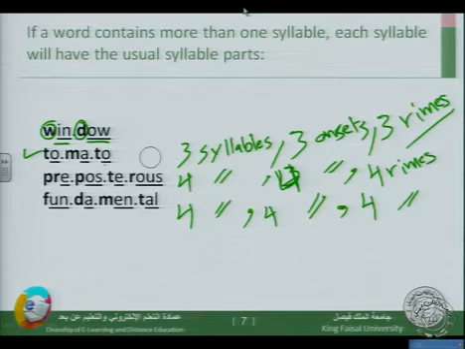So let us start step by step. It's a very important class, by the way. Every class we will discover something new about English pronunciation. Can you notice that every class we have something new? So now at your office, at your home, you should start to understand the syllabification of words in English, how to syllabify the words, how to divide them into syllables.